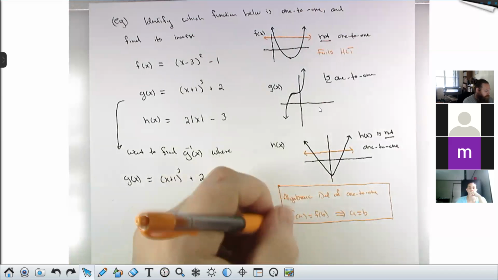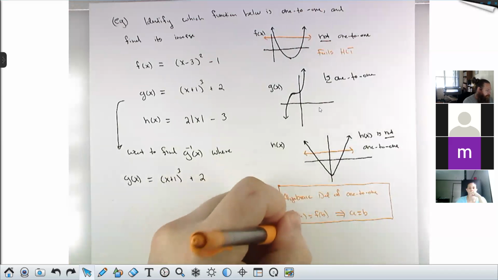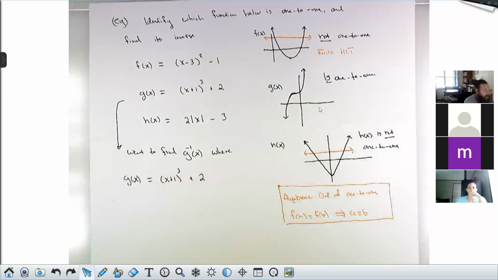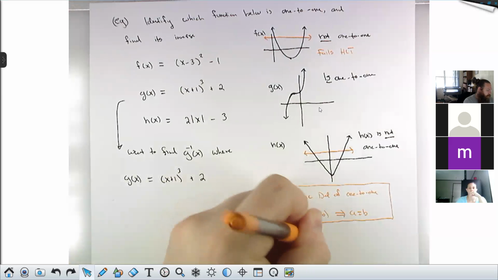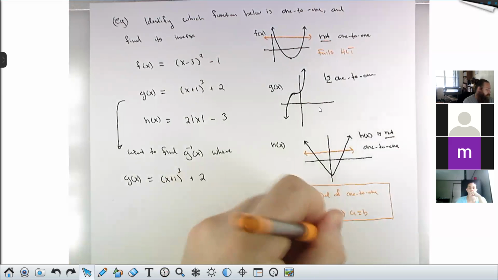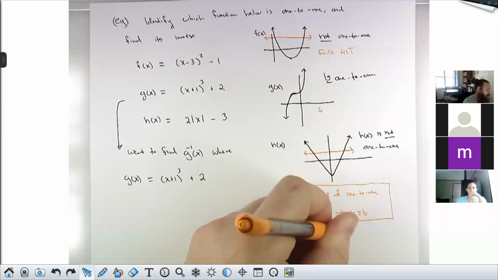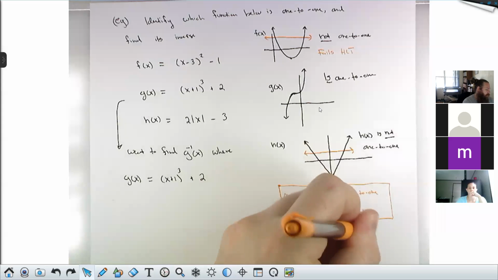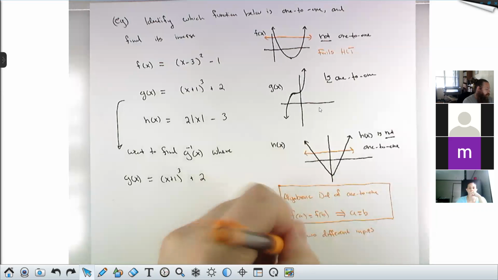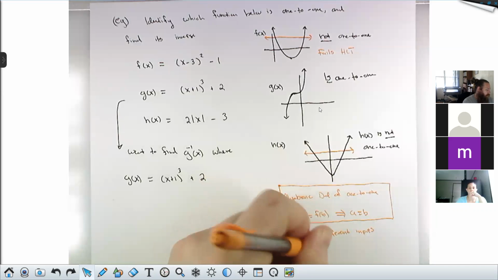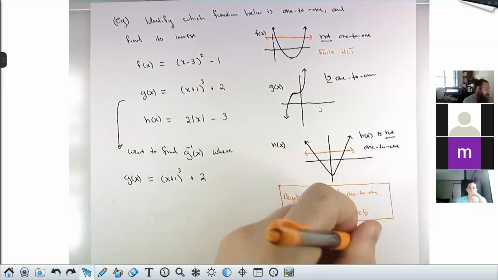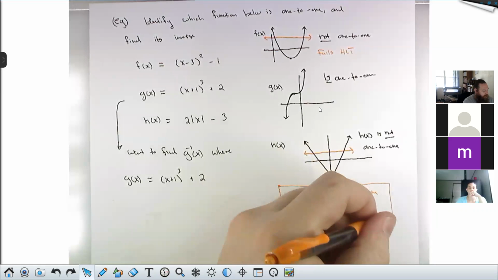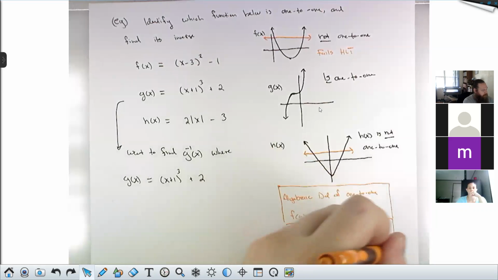The other way of thinking about this is no output comes from the same input. So no two different inputs go to the same output, which is saying the same thing as the line above.